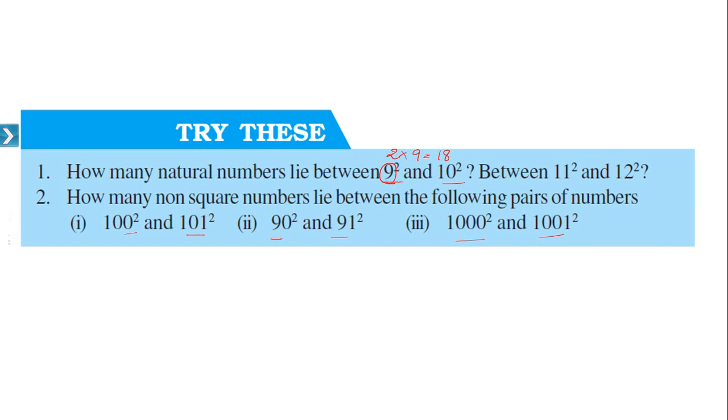Find how many non-square numbers there are between two square numbers. That is, you have to double the first number. Now try this so that you will remember the concept in your mind.